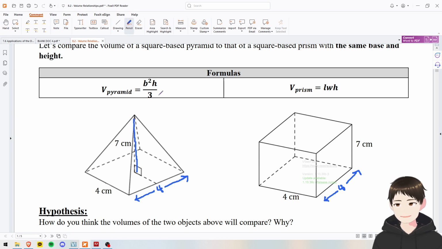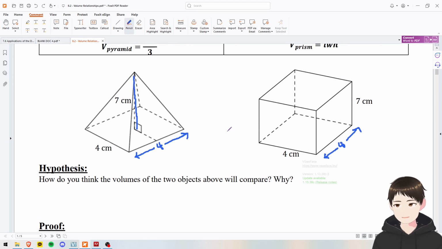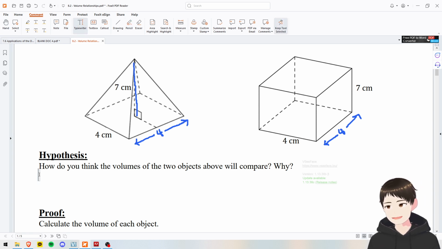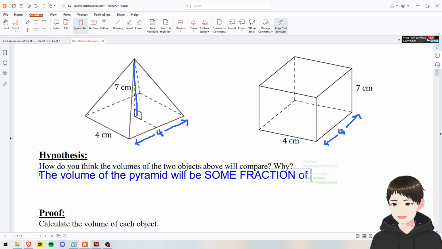Let's pretend we didn't know what the formula was. Again, I'm not looking for actual numbers. I'm looking for a way you could describe something. So here it is. The volume of the pyramid will be some fraction of the cube.